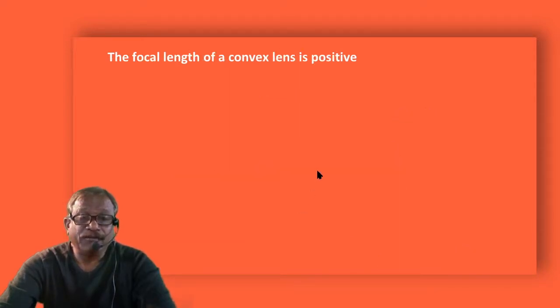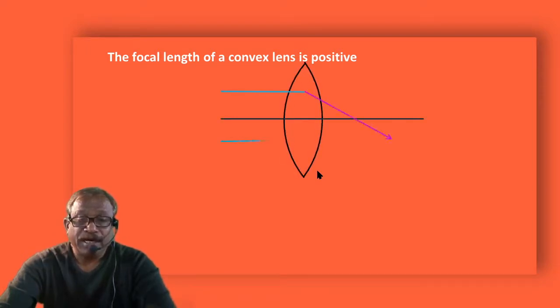The focal length of a convex lens is positive. Why? Because we know that after refraction, the ray comes on the right side, and all the distances measured from the optical center towards the right are positive. So therefore, focal length is positive.